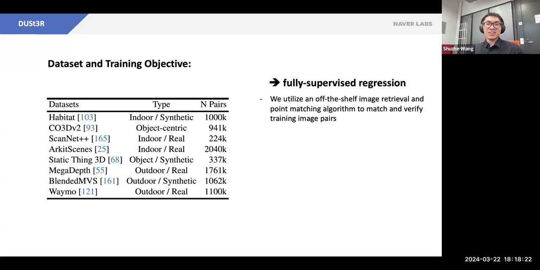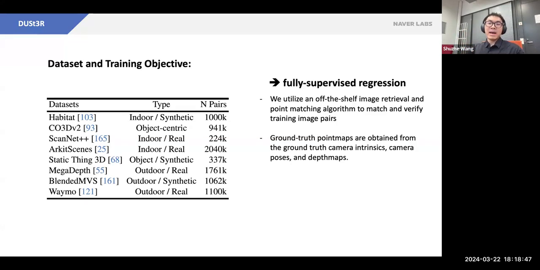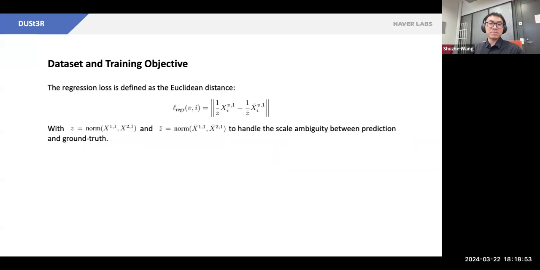This is also the answer about the image pairs. We utilize image retrieval and also point matching algorithms to match and verify the image pairs, to keep image pairs that have reasonable overlap. And the ground truth maps are obtained from the ground truth camera intrinsics, camera poses, and also the depth maps.